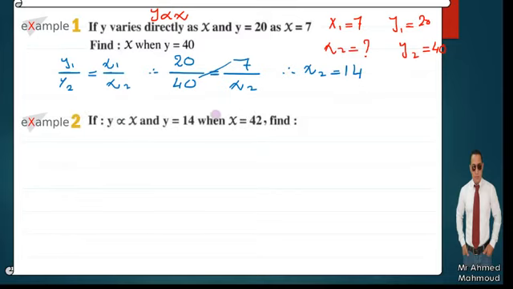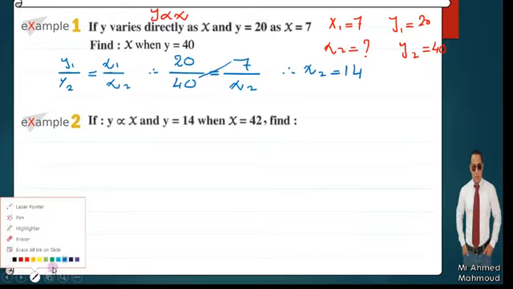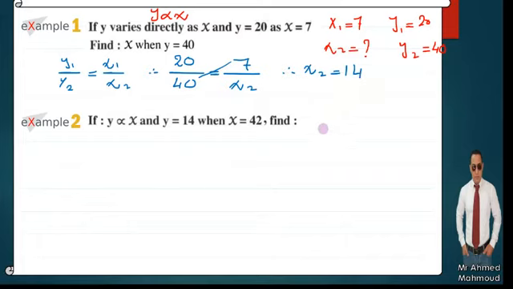Another example: if y varies directly as x, y1 equals 14, x1 equals 42, and y2 and x2 are to be found.